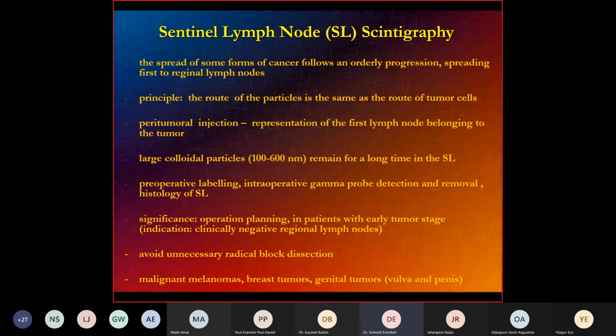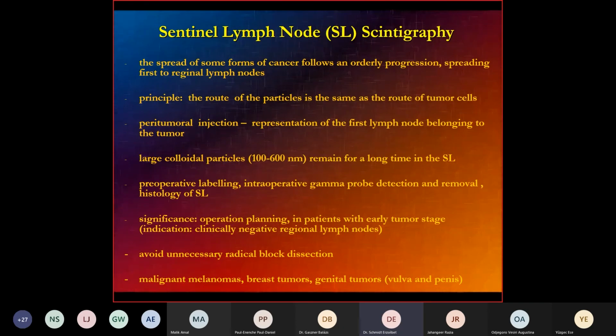The indication of sentinel lymph node scintigraphy is the clinically negative regional lymph node state. It has significance in the operation planning in patients with early tumor stage, in avoiding unnecessary block dissections.